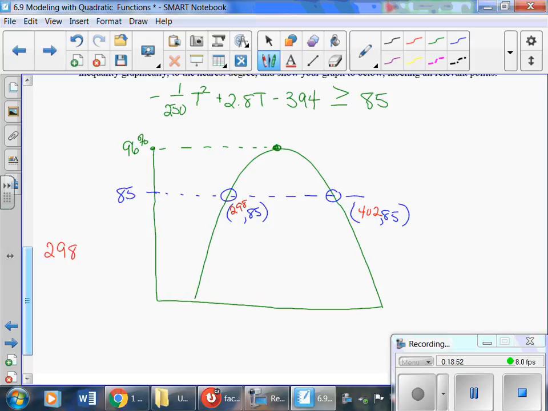Again, we have greater than here. All right, it has to be greater than. So we know it's going to be between these 2 points, t less than or equal to 402. All right, so in other words, what they're saying is the optimal then will be between here and here. Okay, and by the way, these are degrees Fahrenheit.